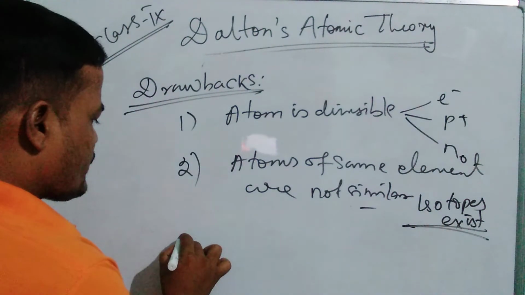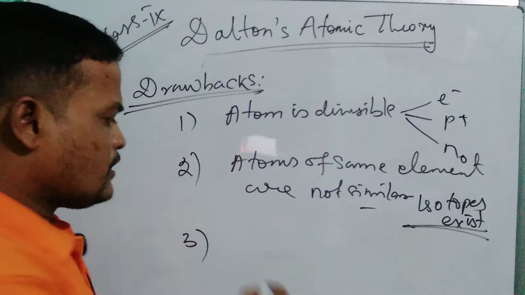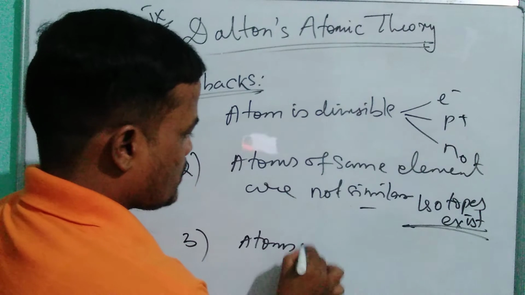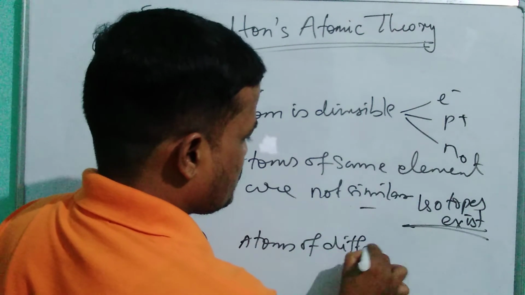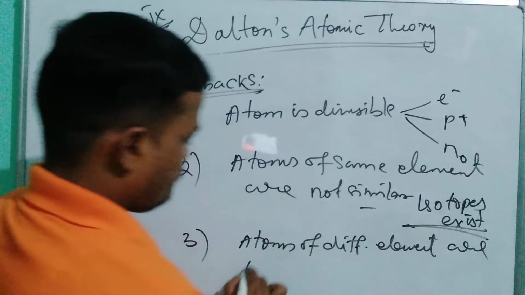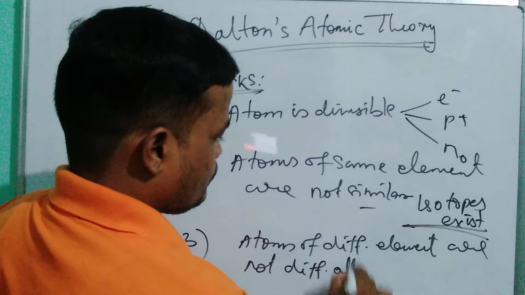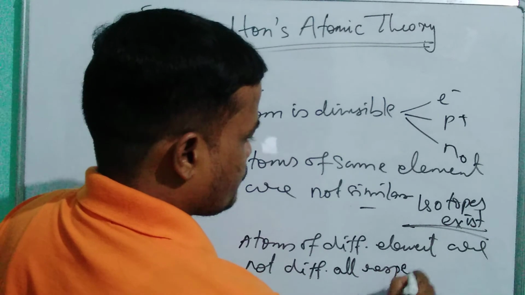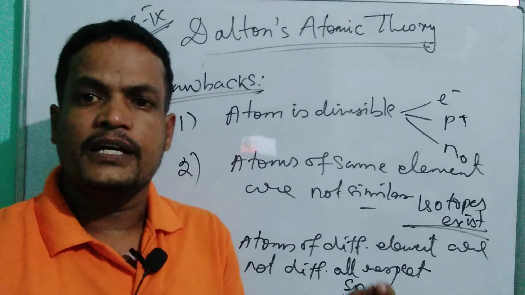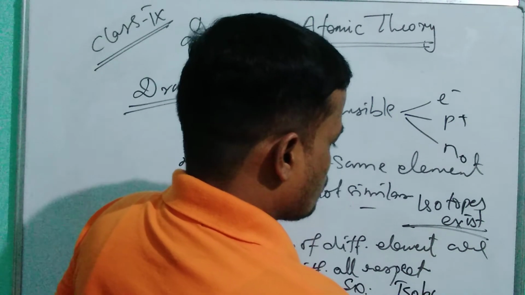Next, atoms of different elements are different in all respects, but atoms of different elements are not different in all respects. A very good example is that they can have similar neutrons, giving rise to isobars.